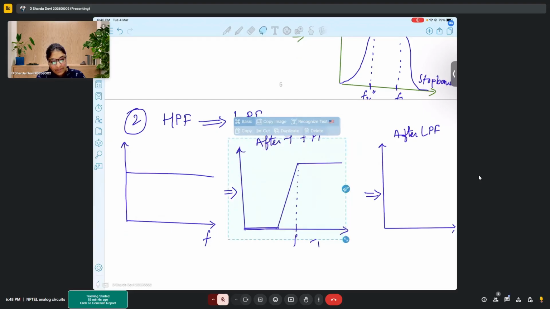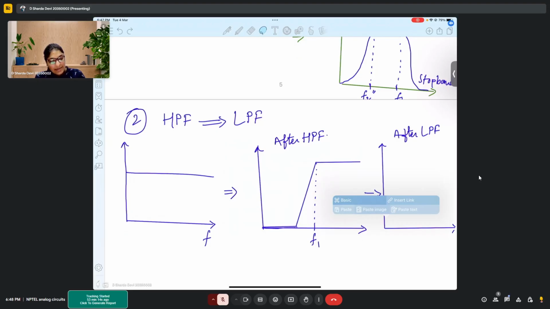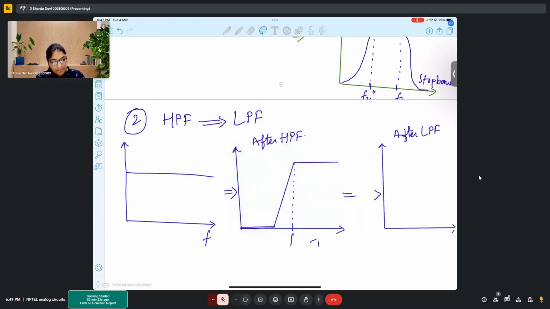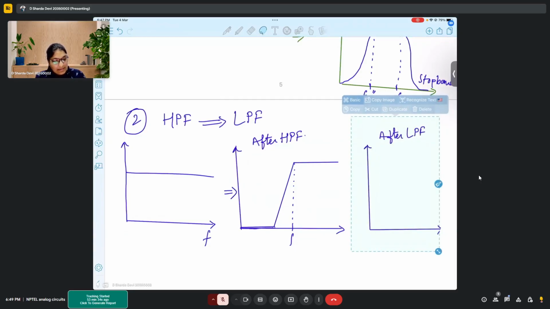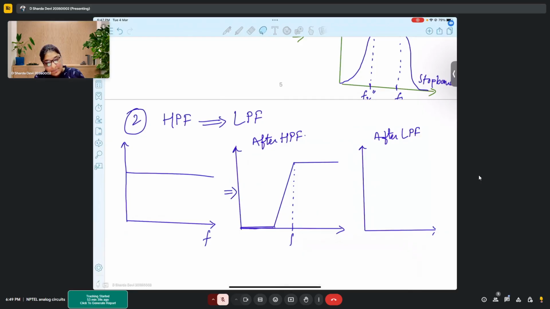Or is it impossible to get the behavior of a band pass filter by this method? Anyone? What do you think? We have to set the limits of cutoff frequencies: the lower cutoff frequency of the high pass filter and the higher cutoff frequency of the low pass filter. Yes. So here also we can get the same behavior of a band pass filter. The only thing that we have to keep in mind, which is very important, is the cutoff frequencies again, right?